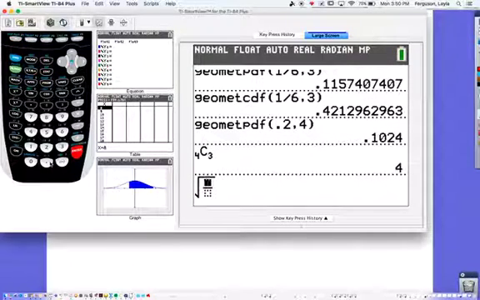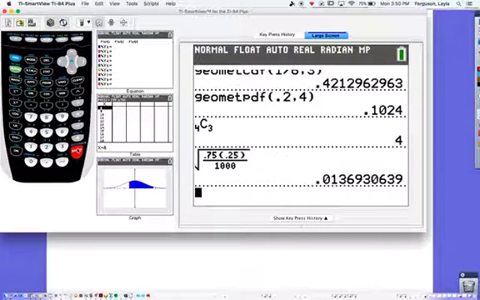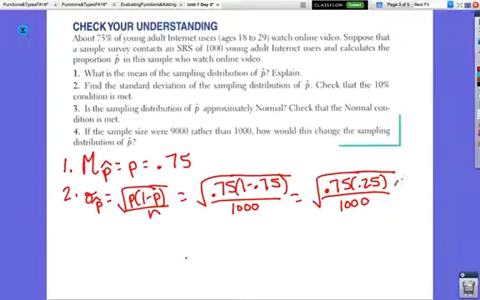On top we would put 0.75 times 0.25, and on the bottom of our fraction we would put 1,000. And that gives you 0.013693069, which is approximately 0.0137.